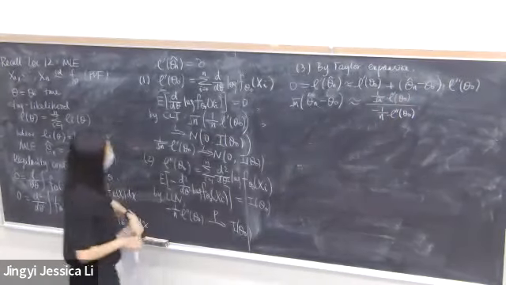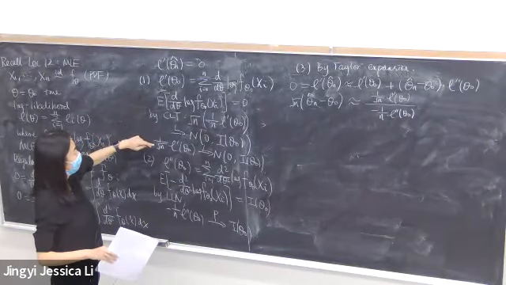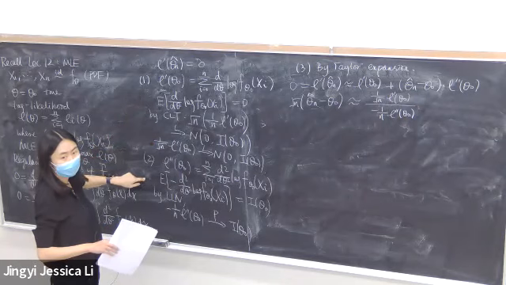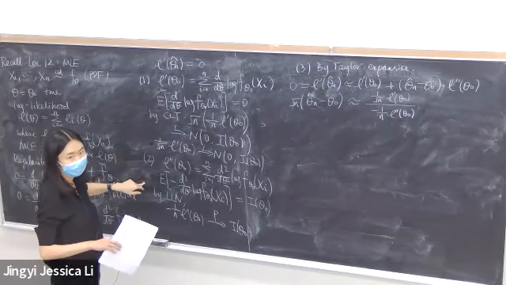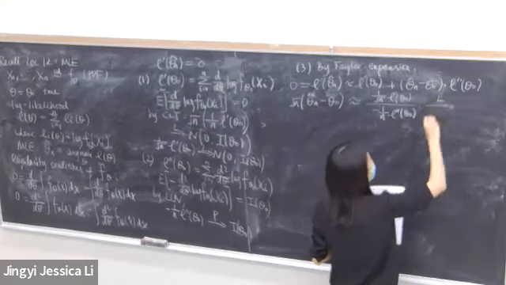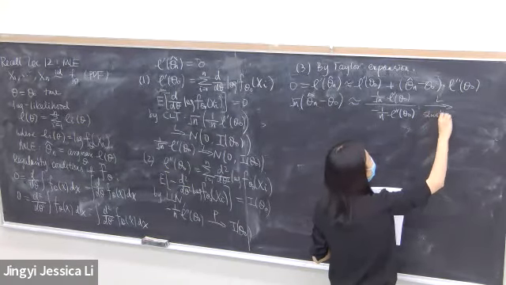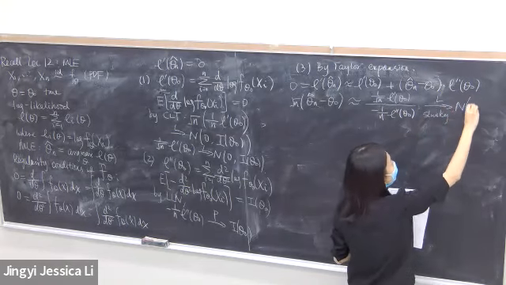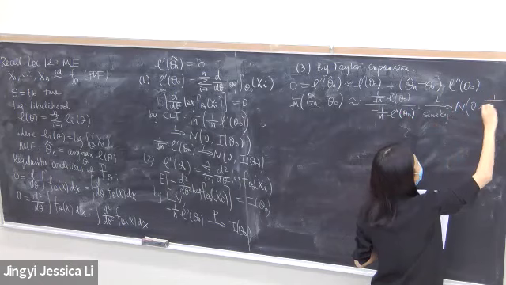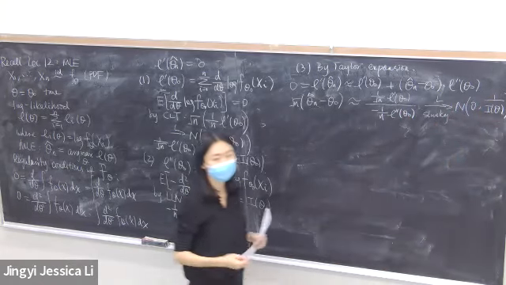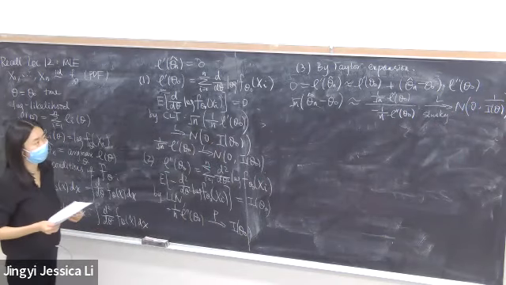Now you see by result 1, I have the asymptotic distribution for the numerator. By result 2, I have the limit of the denominator. Then finally by Slutsky, this converges to a normal distribution with mean 0 and variance 1 over Fisher information.